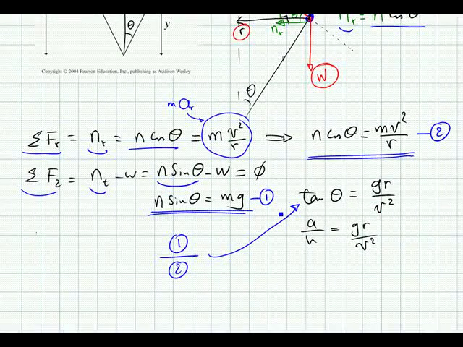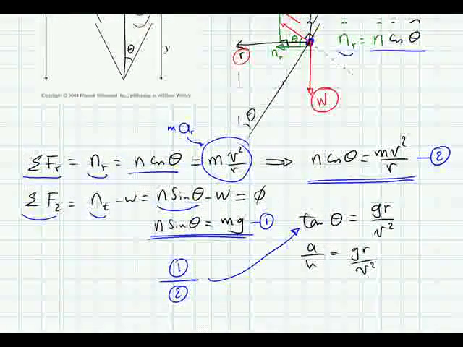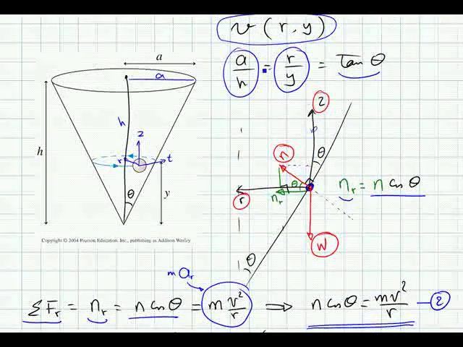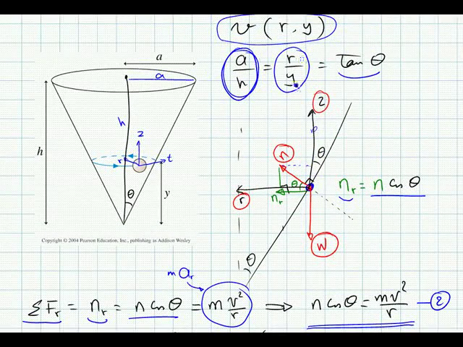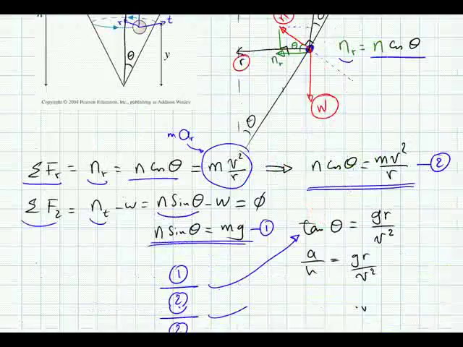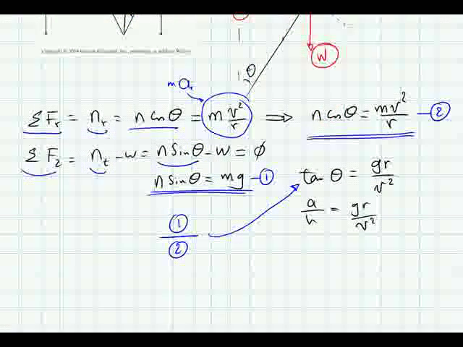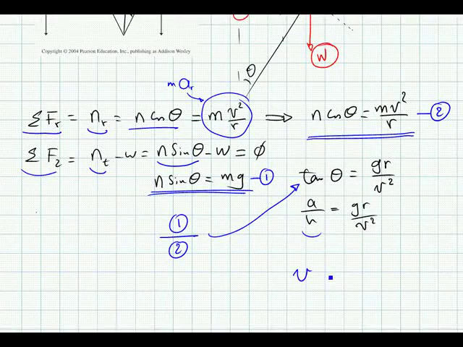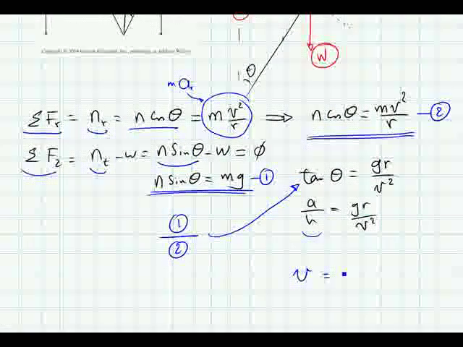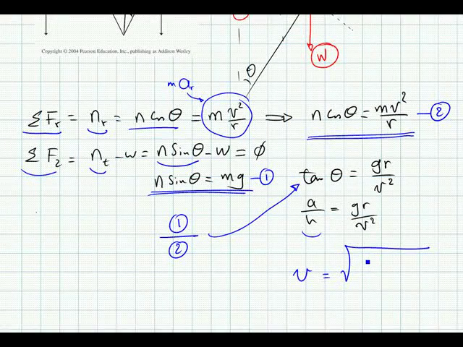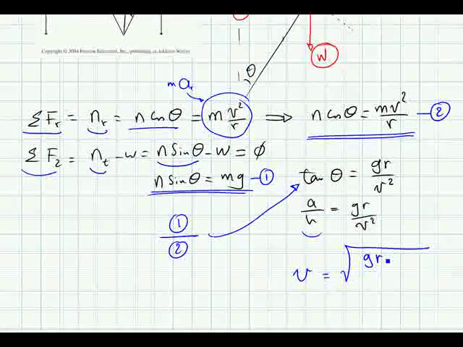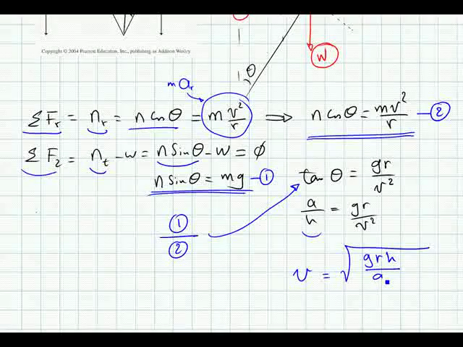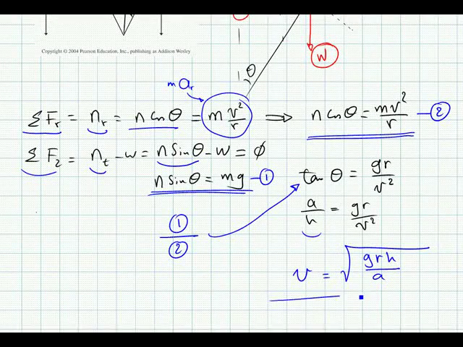But tan theta, we had said a minute ago up here, was A over H or R over y. Substituting A over H for tan theta, we end up with A over H is equal to g r over v squared, or v is equal to the square root of g r H over A, if I didn't make any mistake.